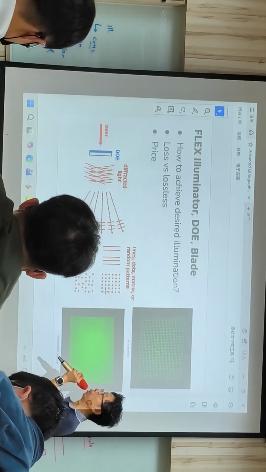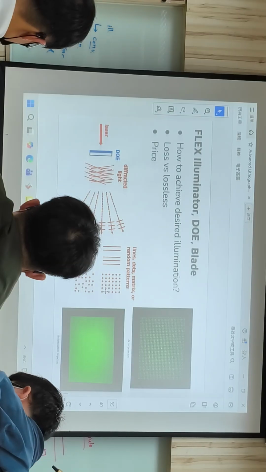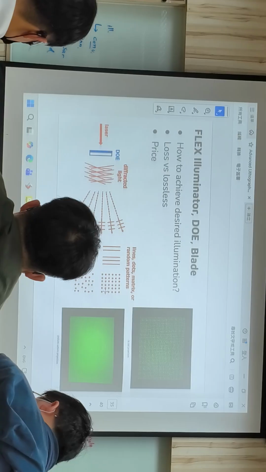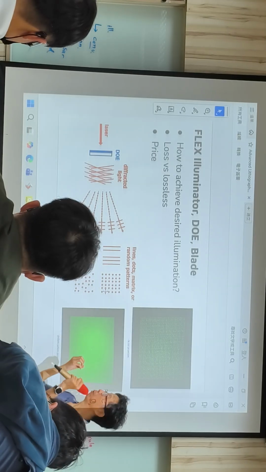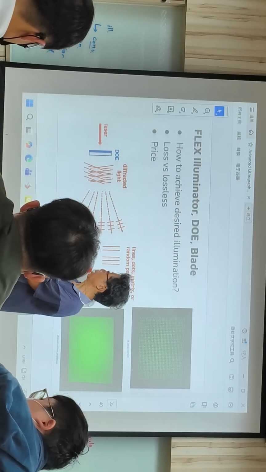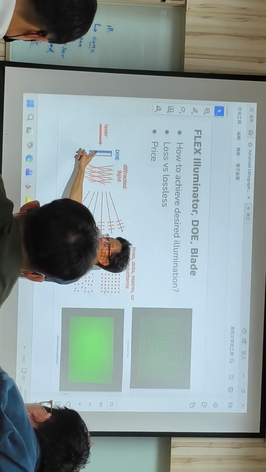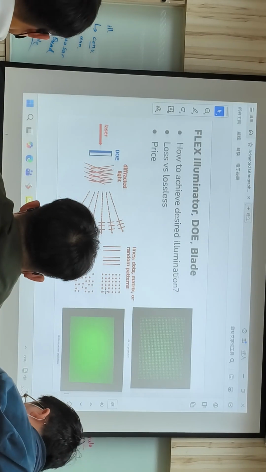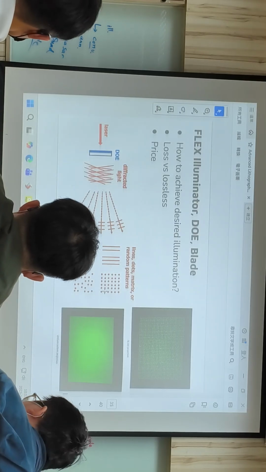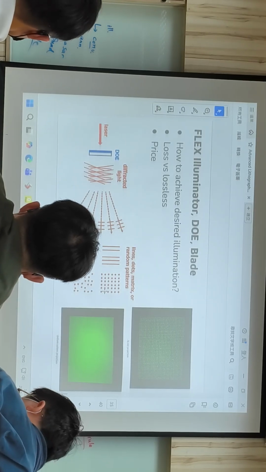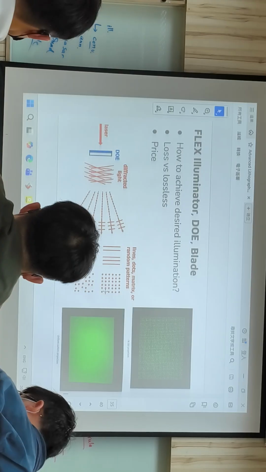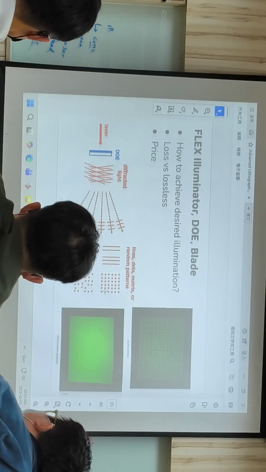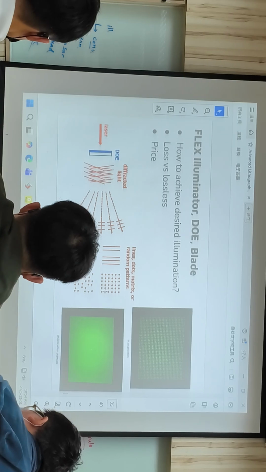And the most modern one is the FlexRay illuminator. Because think about it, every time you have a new mask design, you will need a new DOE. And a DOE is not cheap either. DOE, as I remember, is not $2 to $3 million, but one DOE could be like $100,000 US, just one.